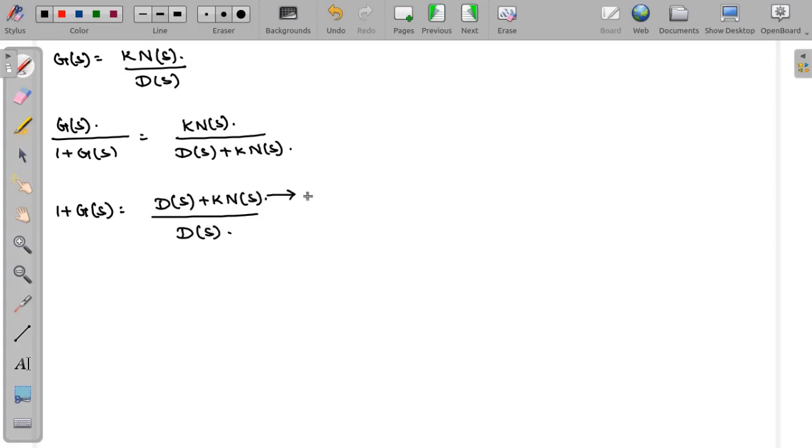So this is actually what? This is your poles of CLTF, and this is what? This is poles of OLTF. Okay, this is poles of OLTF. So now you can see basically in this characteristic equation, we actually have the poles of CLTF as well as the poles of OLTF.